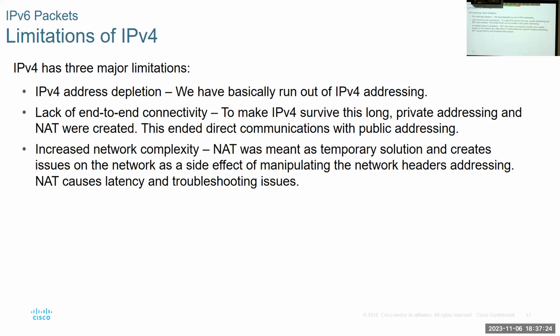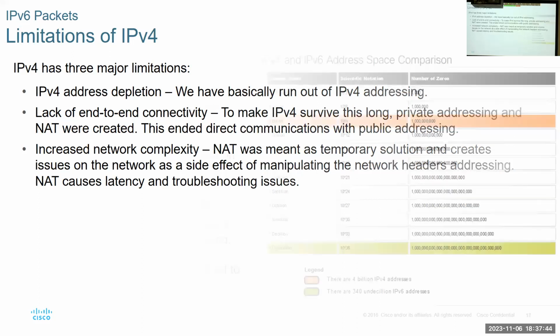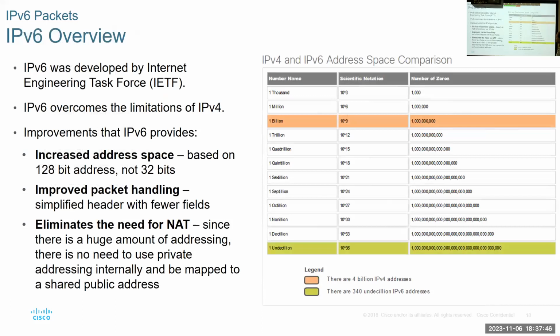A lot of problems with it. Slower for one thing, but it increases troubleshooting and has potential security problems. Conversely, it also increases security for the internal hosts, but we'll talk about that a little bit later with IPv6.